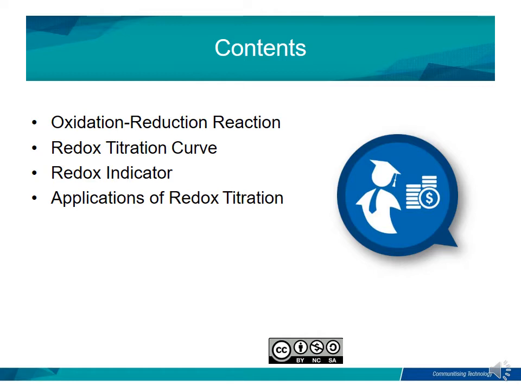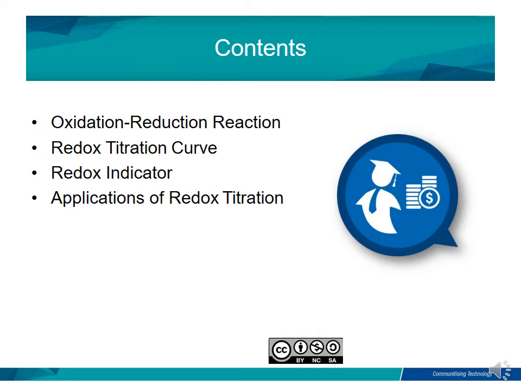So this is the outline for this chapter. We will go through the oxidation reduction reaction. Basically, a redox reaction consists of two main reactions, which are oxidation and reduction.